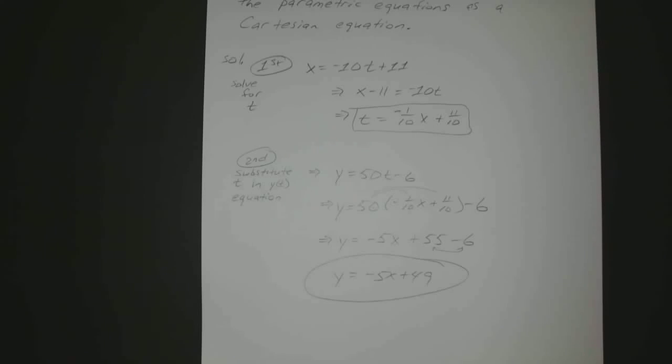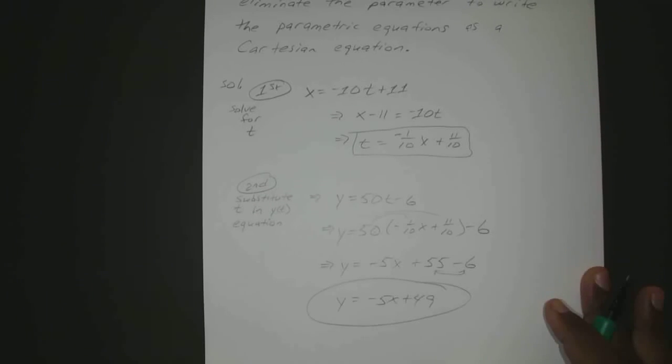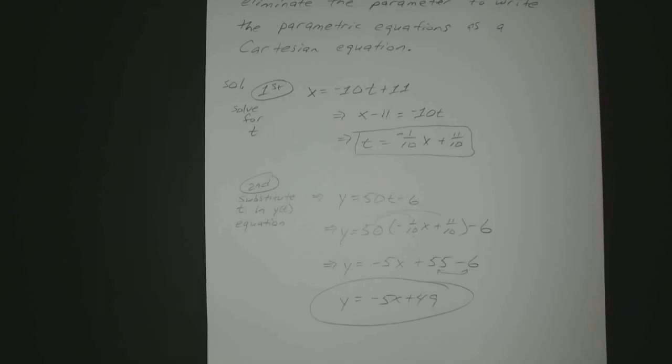All right, so any questions on that one? Yes. Going back, I guess, going from Cartesian to parametric, would we find 2 coordinates and create the separate equations like we did in the previous examples?